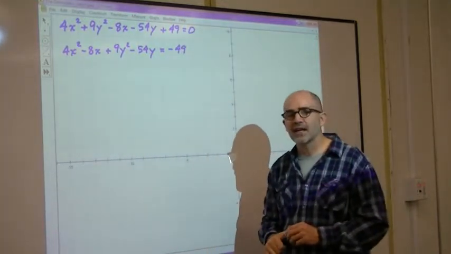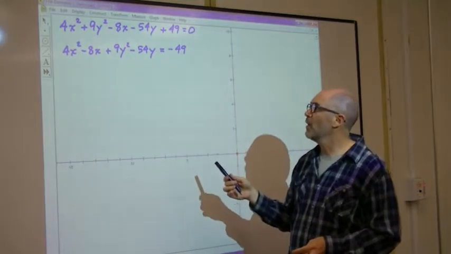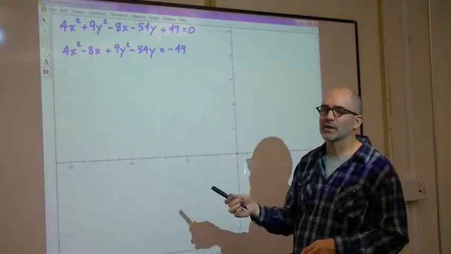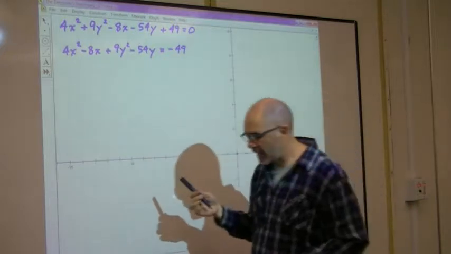Okay, now next thing, we're going to be completing the square. We can't have a coefficient on our squared term, so we need to factor that out.